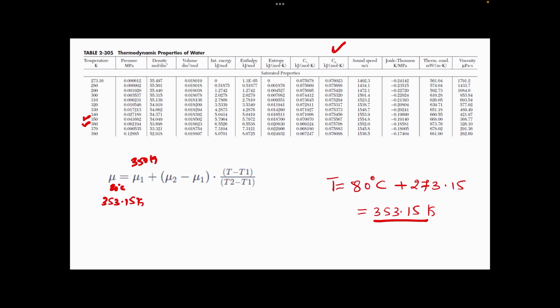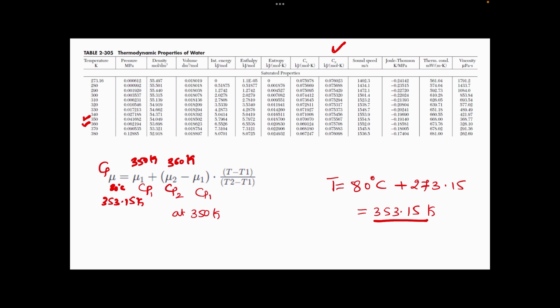So what is now the mu1 value? So at 350 Kelvin, sorry, this is not mu, this is Cp. Don't get confused. This is Cp1 and Cp2. Now what is the value at 350 Kelvin?